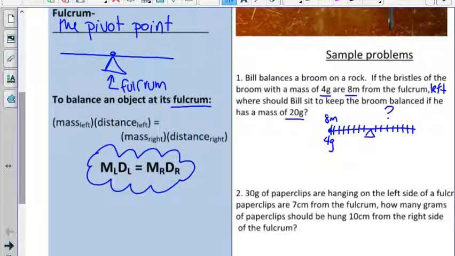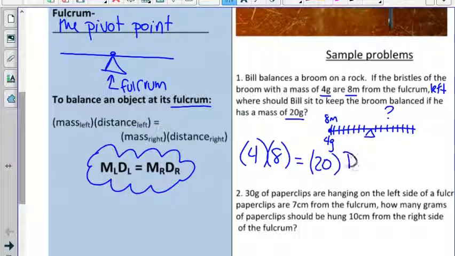So I can plug this into my equation. The mass on the left is 4. The distance on the left is 8 equals mass on the right of Bill, which is 20. And the distance on the right, we don't know, so we have to solve. Well, 4 times 8, 32 equals 20 times DR. How do I get DR by itself?